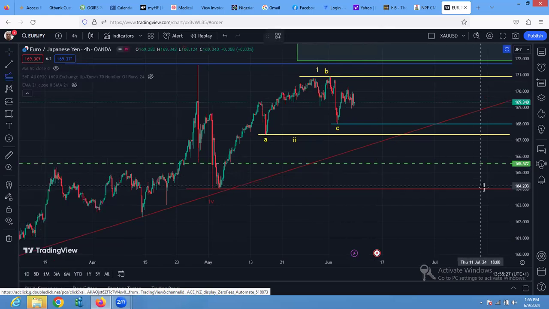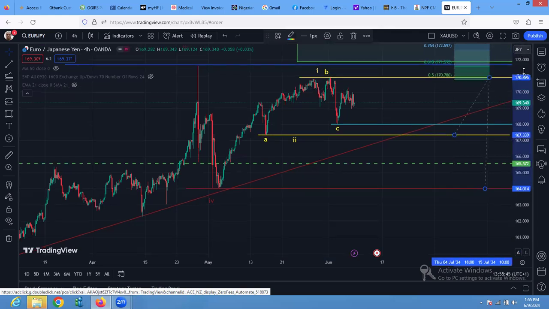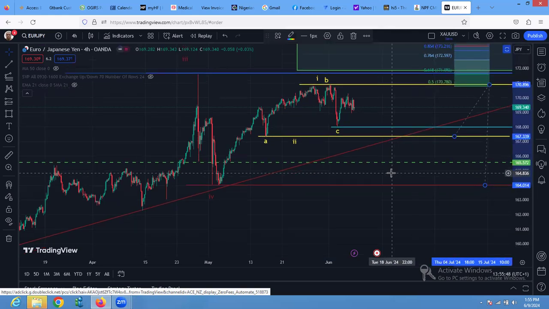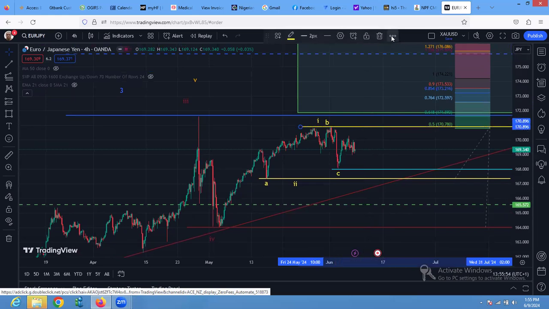So from here to the height of wave 1, back to wave 2, we can slide down and say that at least we expect that wave 3 may cross up to this point.